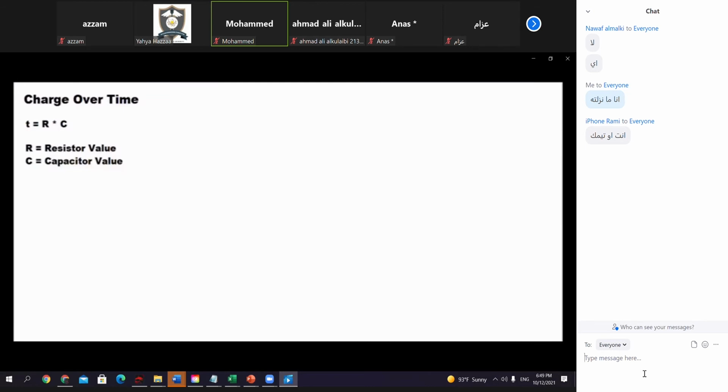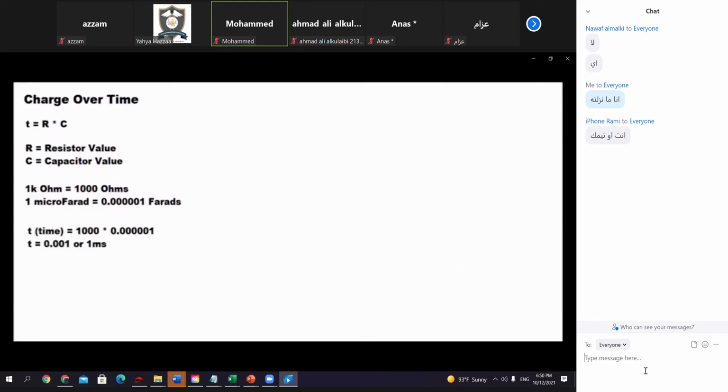After 5 T cycles, the capacitor will be charged to 100%. In the simulation, we used a 1 kilo ohm resistor and a 1 microfarad capacitor. We need to convert the values to ohms and farads. So 1 kilo ohm equals 1000 ohms. 1 microfarad equals 0.000001 farads.